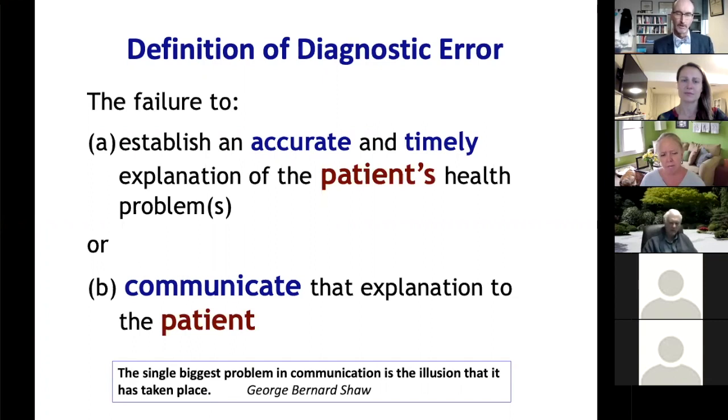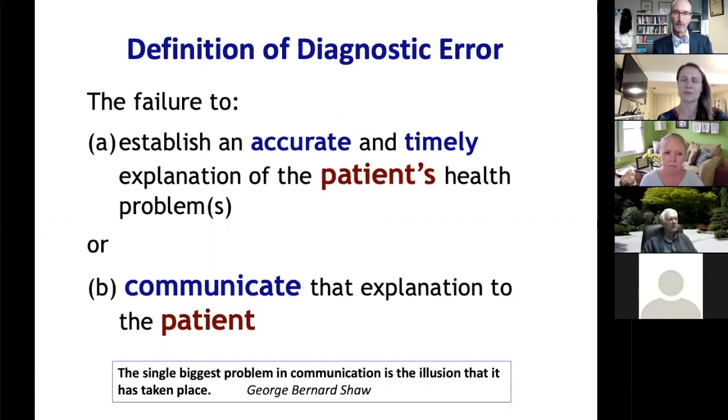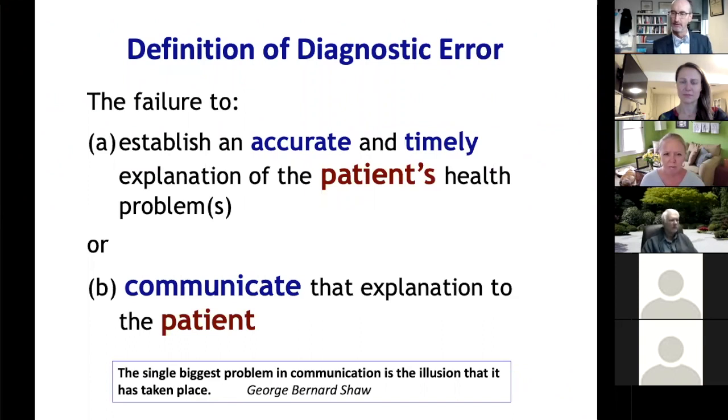And so I was going to go ahead and stop here and ask Suz how she sees her experience as fitting or not fitting within this definition of a diagnostic error. Yeah, I think that's part of what's so complicated about diagnostic errors. Sometimes it's not a clean fit. I think there were several things going on in my story, but certainly the post-surgical experience.